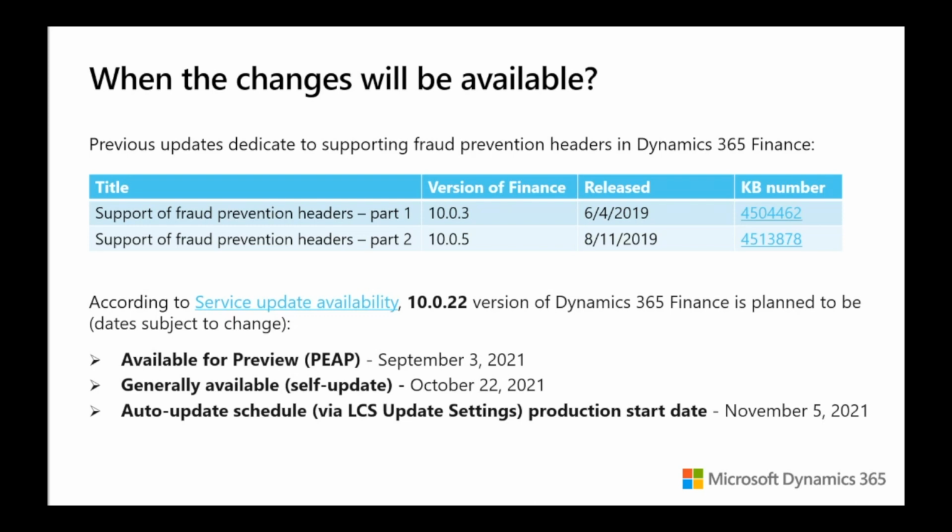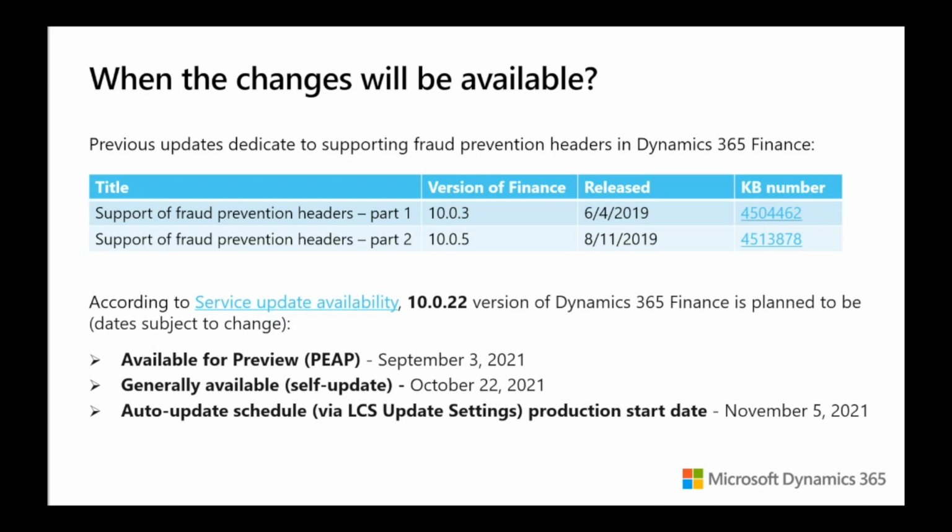According to the current plan, version 10.022 is already available from September 3rd for those companies who are registered as early adopters and participate in the release validation program in PIP.